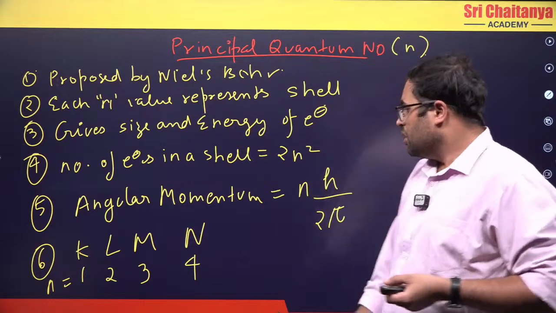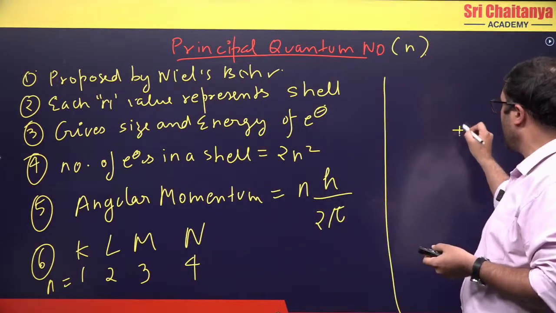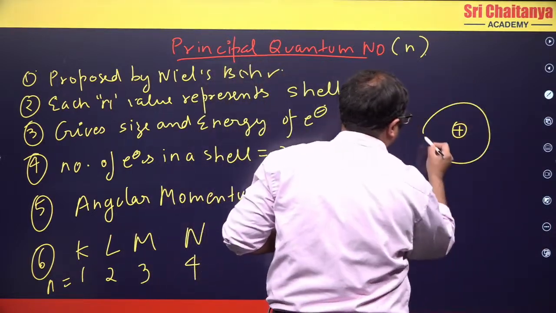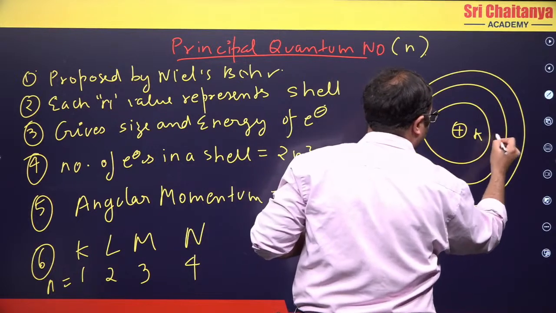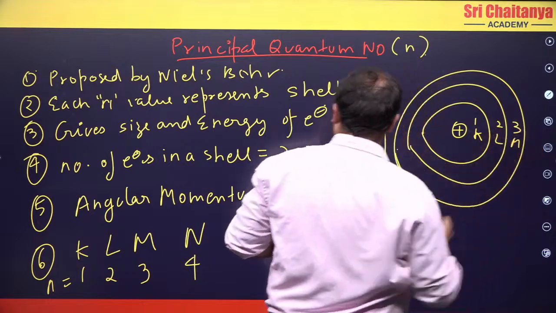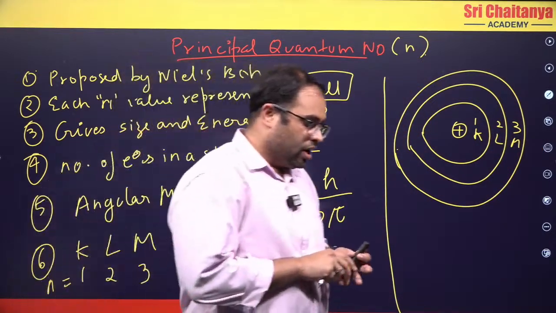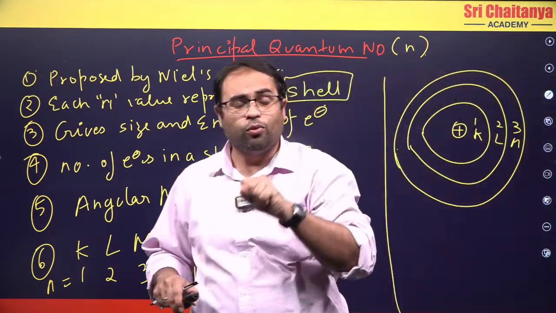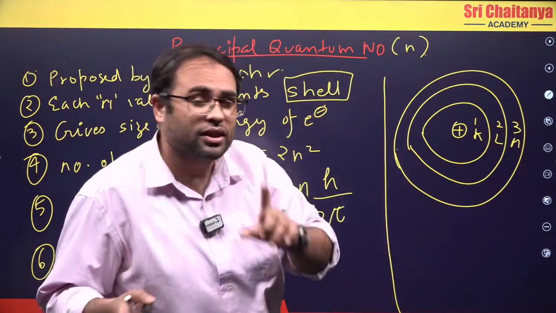The picture it represents is that you have a nucleus and around that nucleus you have your orbits. Here you have K, L and M, or you can say 1, 2 and 3. Remember it represents the shell. Now this picture you already know from your 10th standard. But we are not in 10th now, we are going to go to 11th.